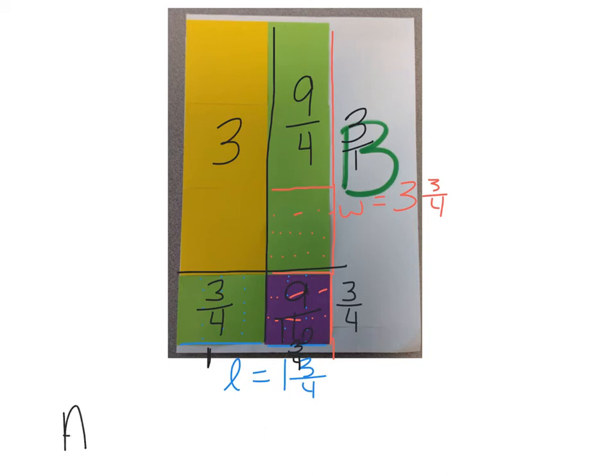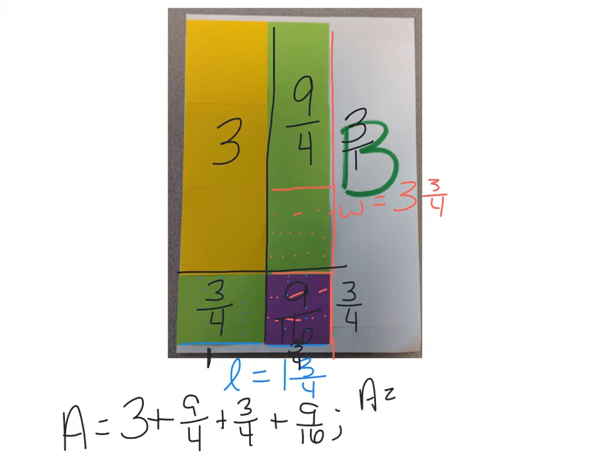So I have A equals 3 plus 9/4 plus 3/4 plus 9/16. Well, I would go below, but I don't have any space. So I'm going to do A equals. So you should be doing this below. So I can add my fourths. So I have 3 plus 9 plus 3 is 12/4 plus 9/16.